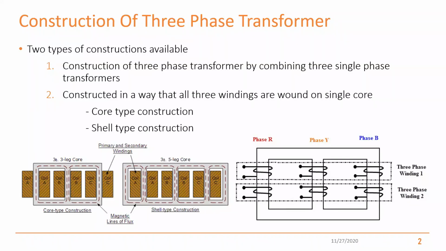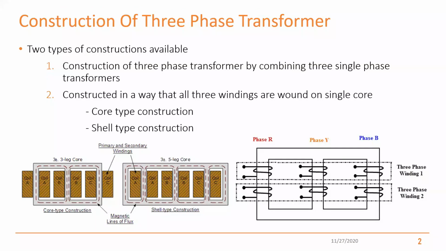However, when built into three phases, it will be bulkier than a single phase transformer. So transportation of that kind of bulky transformer is difficult. Therefore, in such scenarios, the first method is preferred. However, in other scenarios, the best method would be to wind all three windings on a single core rather than having three single phase transformers.